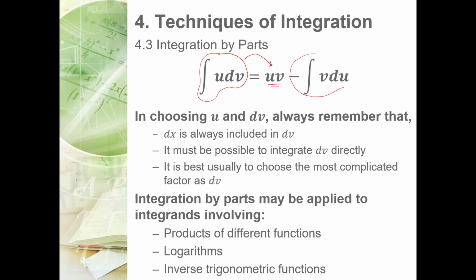So we need to integrate again, but this integral, the minus v du, may be simple, so you may integrate directly, or you may have to proceed to another technique. It will depend on the degree of difficulty of the given integral.